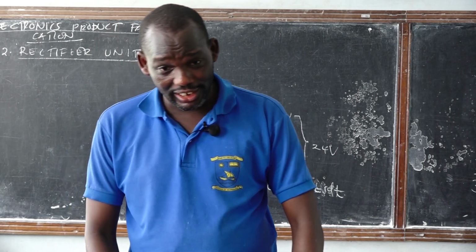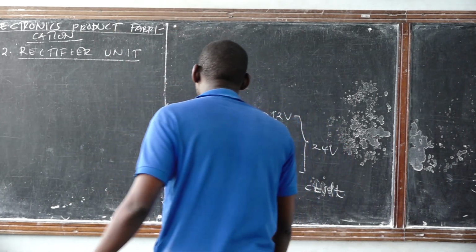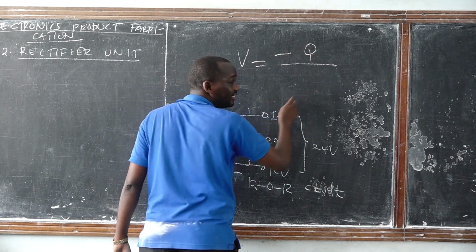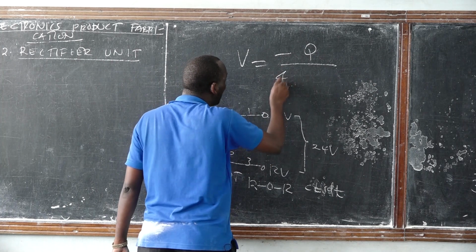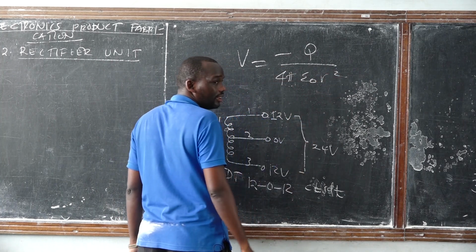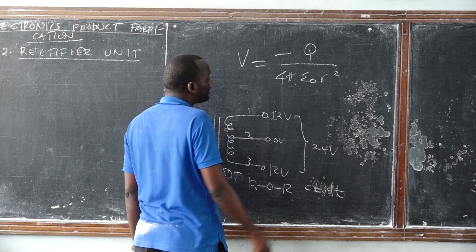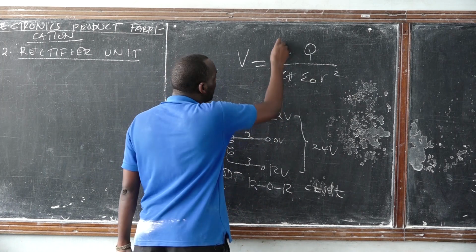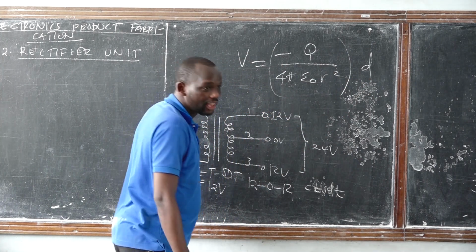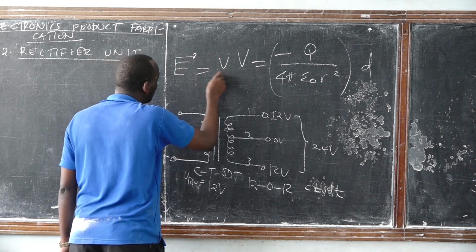You learned it in static electricity. You forgot that you've been dealing with this? Negative voltage over 4 pi. You remember that? This is the electric field. So if you have the electric field, you multiply by what? You have forgotten. Electric field is equal to electric potential of what?